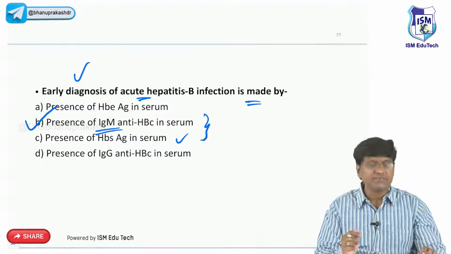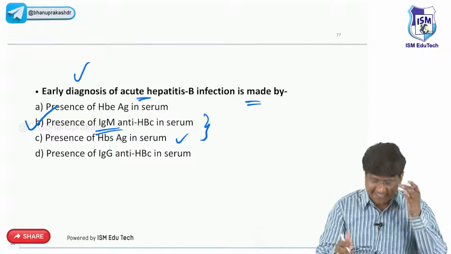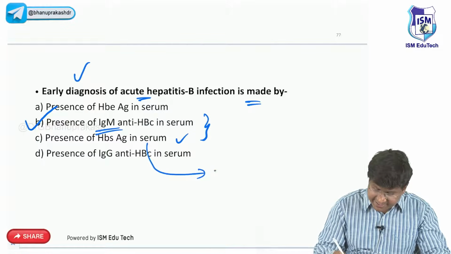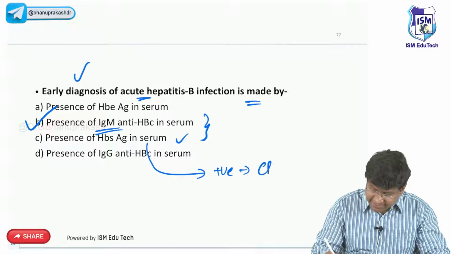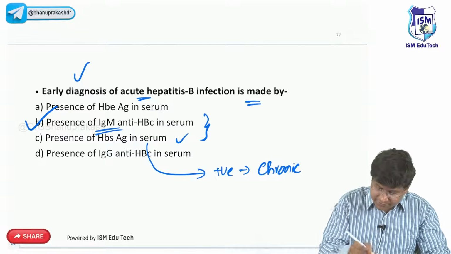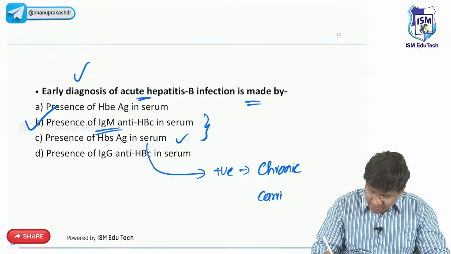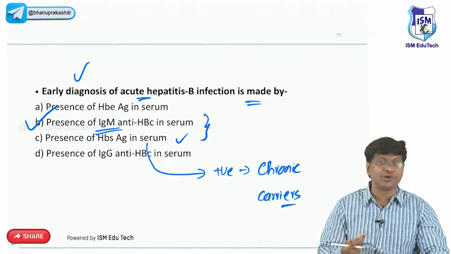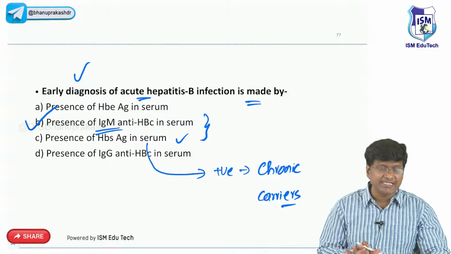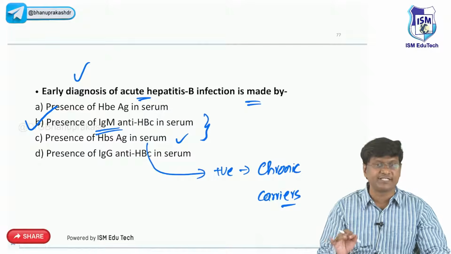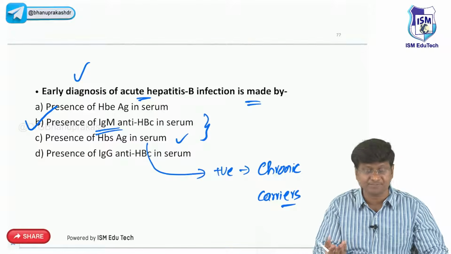But we don't go with surface antigen because it is also positive in chronic hepatitis. Surface antigen is also positive in carriers. So that is the story of the surface antigen, in which all conditions it will be positive.